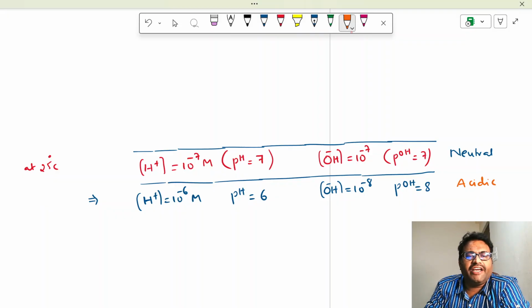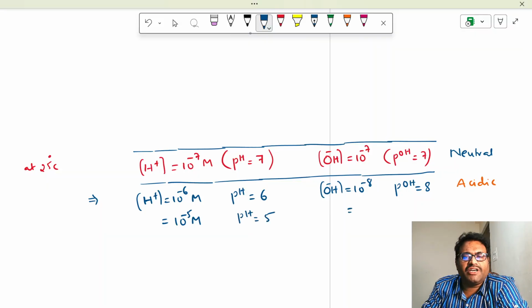In the same way, if I write here H plus ion concentration is equal to 10 power minus 5 molar, then automatically pH will be equal to 5. Then OH minus ion concentration will be 10 power minus 9. pOH will be equal to 9. Again, this is also acidic.